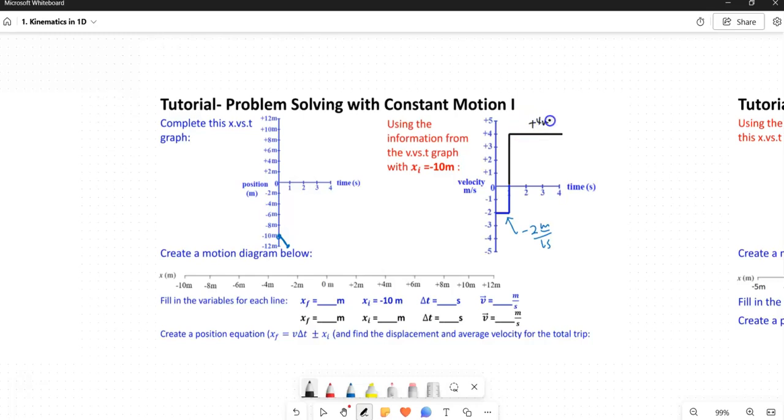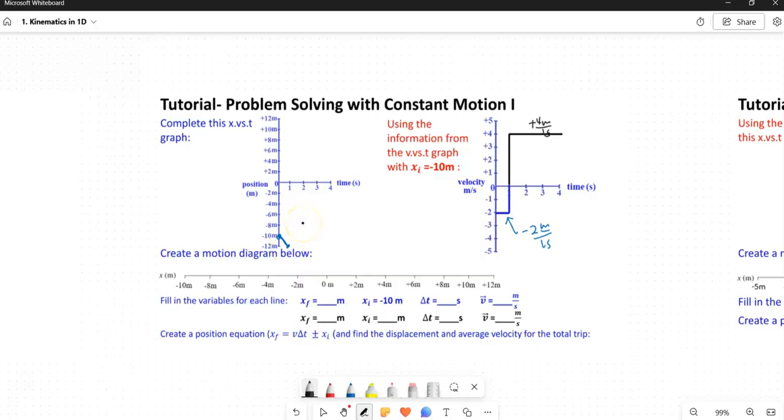So this is +4 meters displacement for every 1 second. It's going to travel to the right 4 meters, and another 4 meters, and another 4 meters, across these 3 seconds, from 1 second to 4 seconds. Starting from -12, it's going to go to the right 4, so that'll be right here.